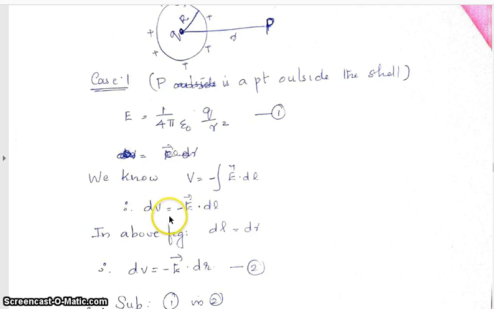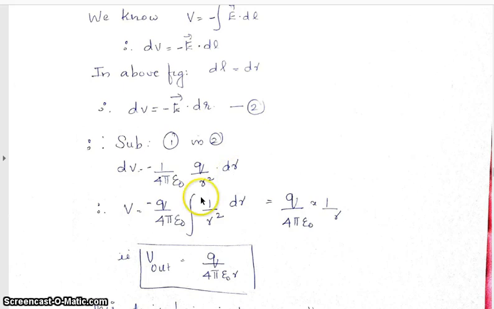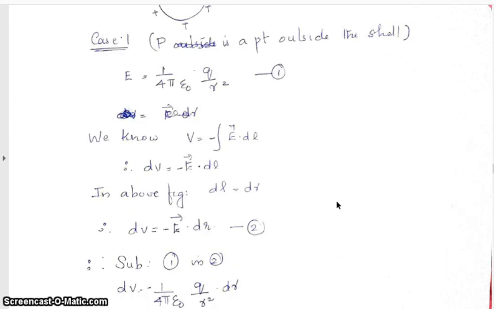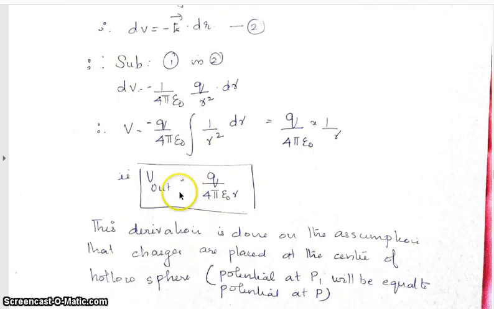So I am writing dV is equal to minus E dr. Then simply substituting equation 1 in 2, dV is equal to minus 1 by 4 pi epsilon 0 Q by r square dr. Then to find V, I have to integrate. Finally I get Q by 4 pi epsilon 0 r, which is the potential at my point outside the hollow sphere, that is V out is equal to Q by 4 pi epsilon 0 r.